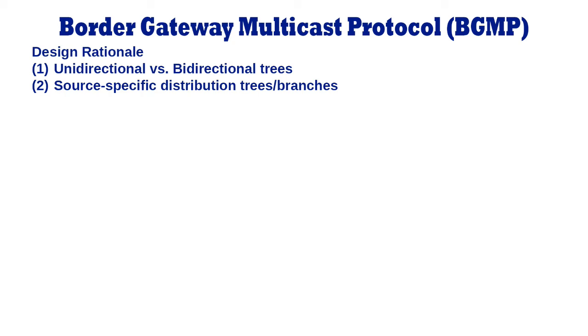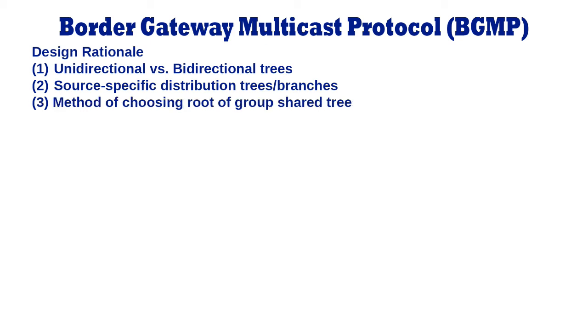And second, by having the shared tree state always take precedence over source-specific tree state, we avoid ambiguities that can otherwise arise. In summary, BGMP trees are, in a sense, a hybrid between PIM-SM and CBT trees.